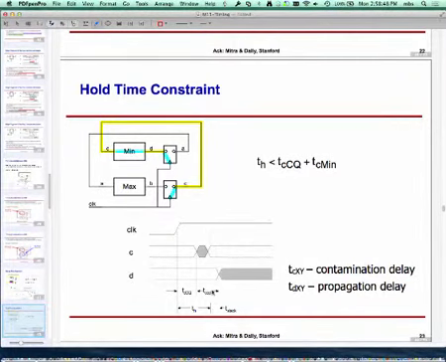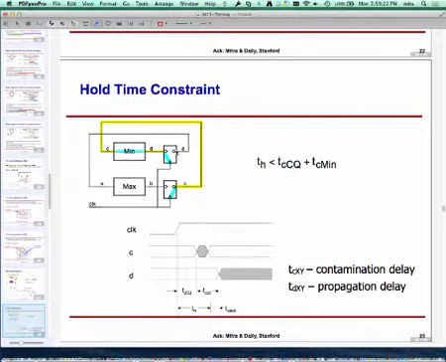Because if I don't ensure that, D may begin to change too soon for this top flip-flop. So this gives me another constraint. It says that the sum of contamination delays, which tells me how soon after a clock edge the input to a flip-flop can begin to change, must be greater than the hold time. Because if it is smaller than the hold time, the top flip-flop in our example will latch in a wrong value.